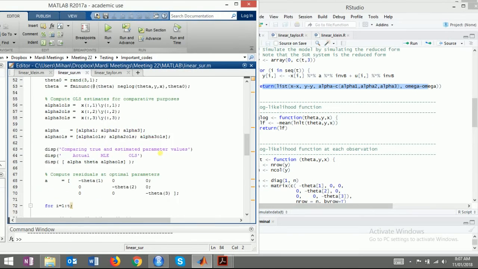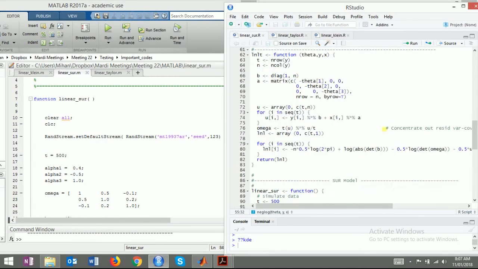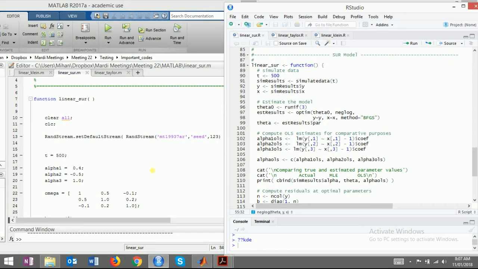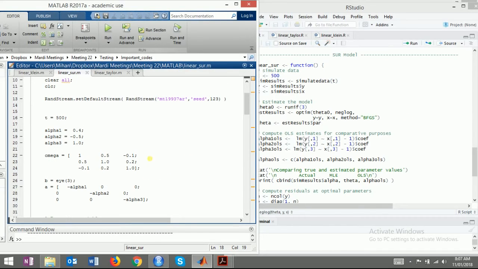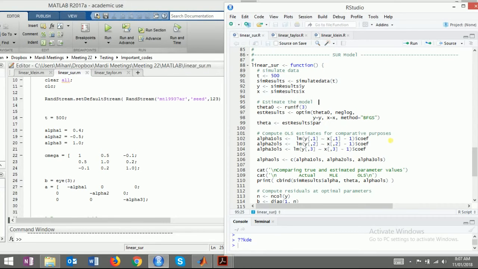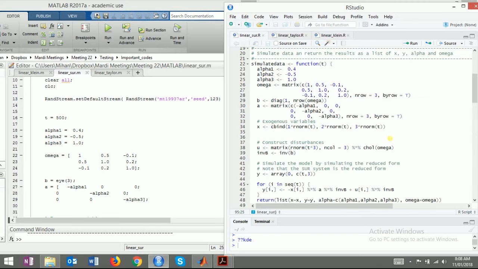Okay, now let's have a look into the main model. Random stream, set global stream, B identity matrix 3. That's what we did here in the previous function. Okay, diagonal of 1, so x equals 1, number of rows is omega. It automatically created.